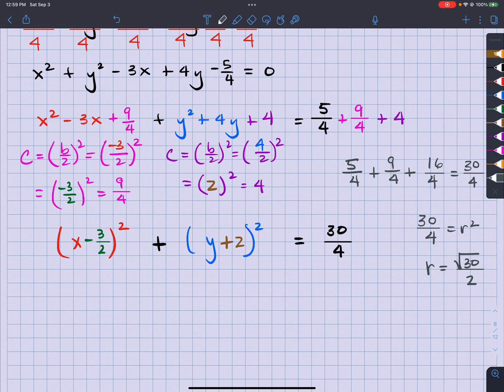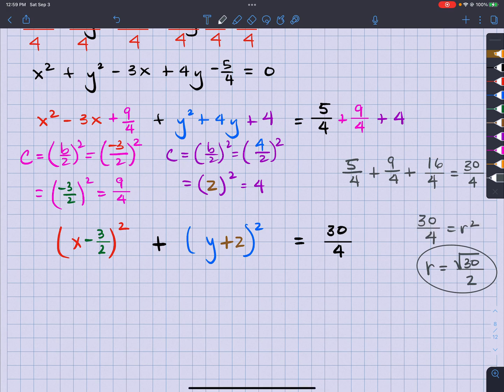And 30 is 5 times 6, so it's 2 times 3 times 5, where there are no pairs. Okay? So you guys can see where I got my radius from.